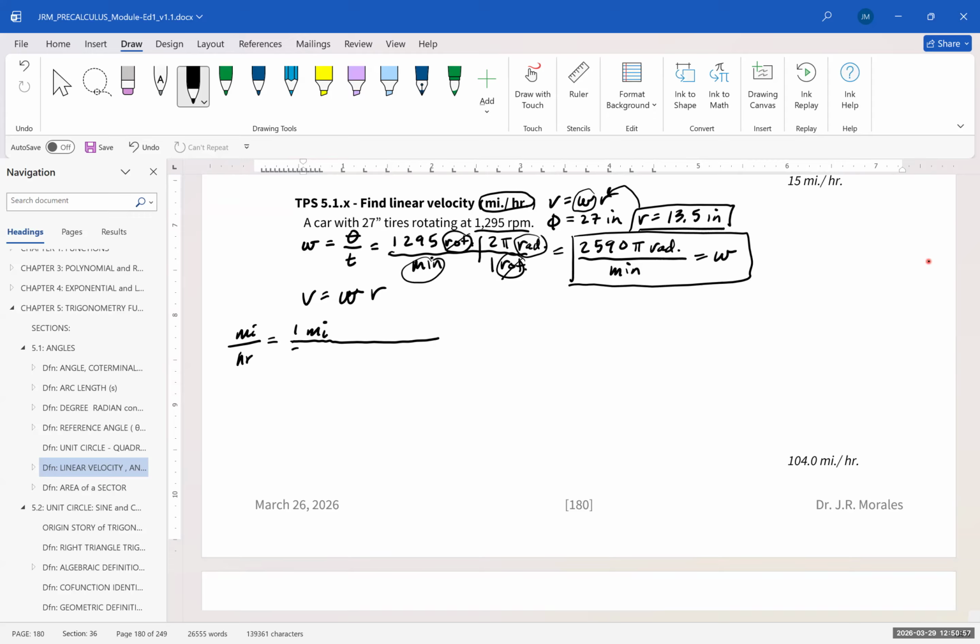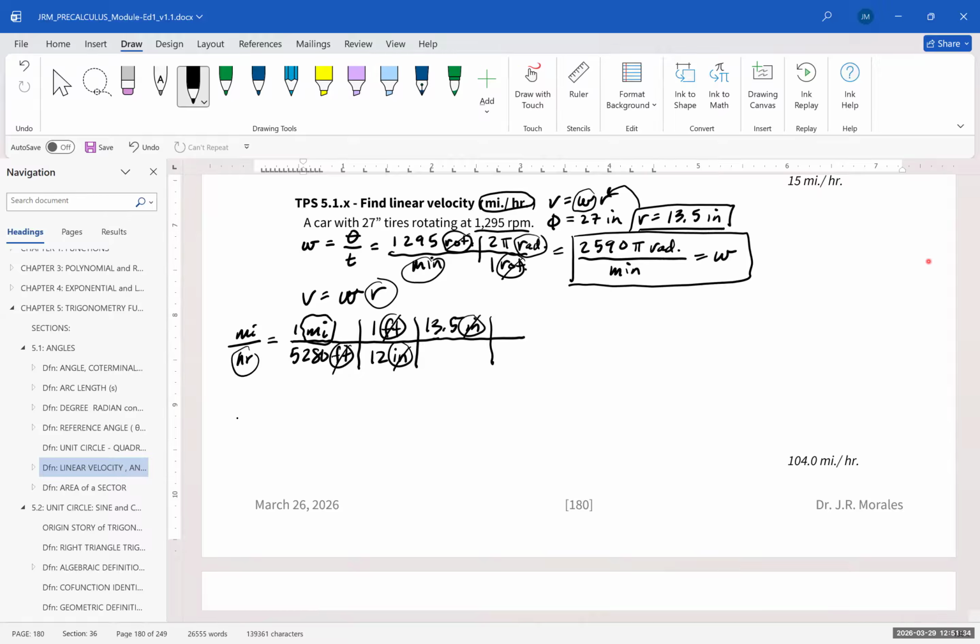So 1 mile is 5,280 feet. And we know that in 1 foot, we've got 12 inches. And our radius is in inches. That's 13.5 inches. So inches and inches cancels, feet with feet cancels, and we're left with miles. So that tells us we've got this part of it correctly.